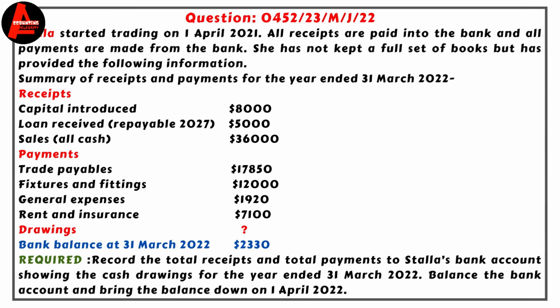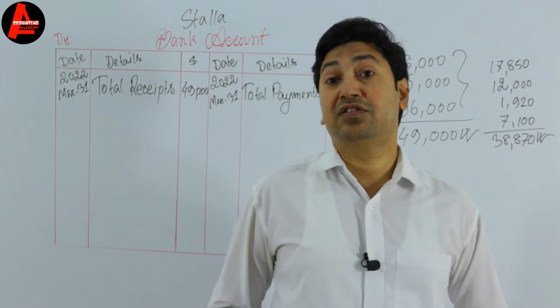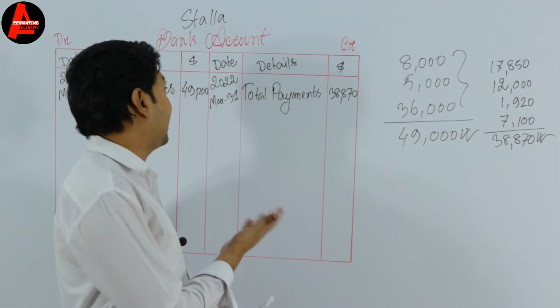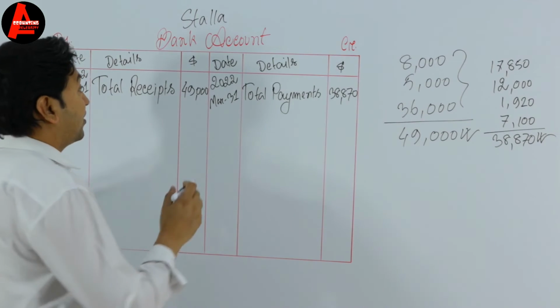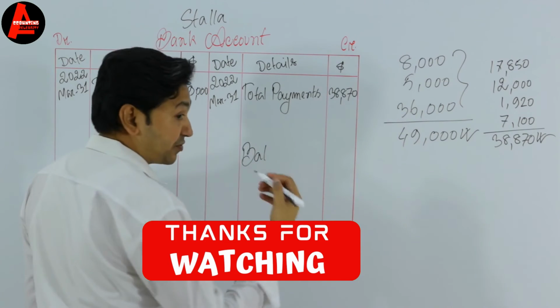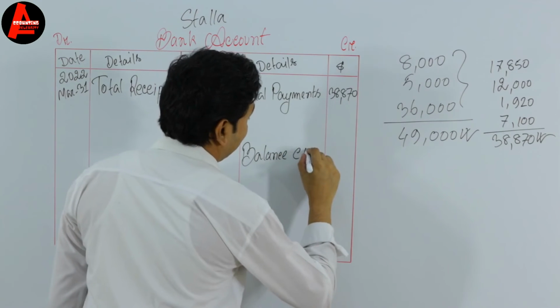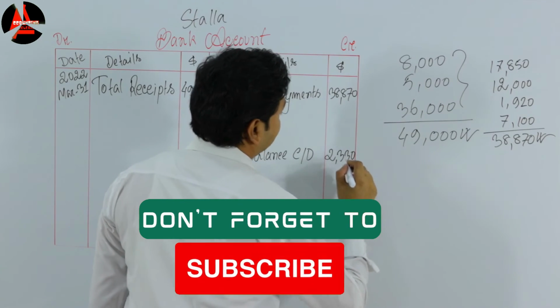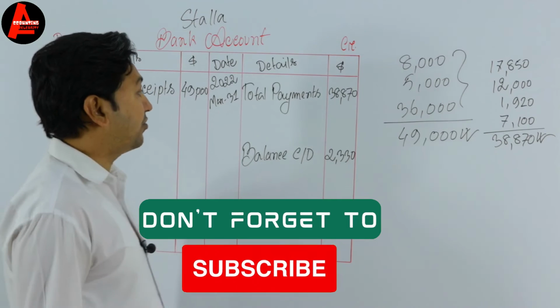At the end of the items, the bank balance at 31st March 2022 is $2,330. This is the closing balance of the bank, and it will appear on the credit side. We will write balance c/d, where c/d stands for balance carried down, $2,330.